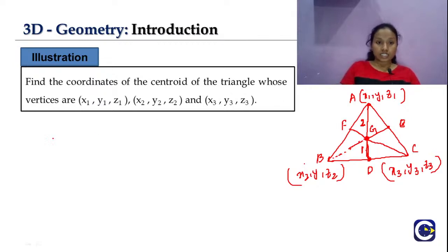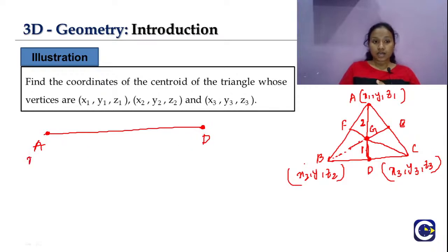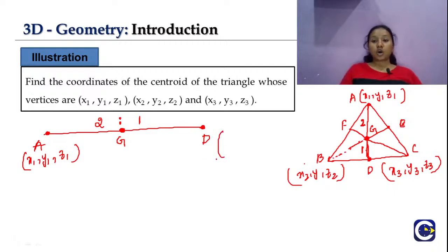So here the line segment will be A and D, where D is the midpoint, and A has the coordinates x1, y1 and z1, right? And we know the centroid divides this line segment in the ratio of 2:1. So the first thing, in order to find the centroid of this triangle, we have to figure out the coordinates of this point D, which is the midpoint of the line BC.